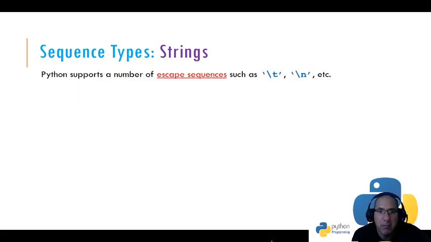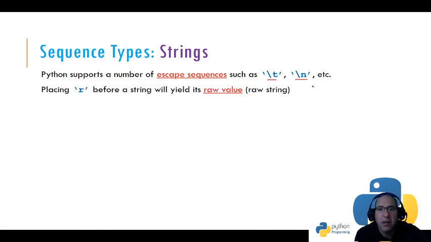Also, like most other programming languages, strings have escape sequences. So \t means tab, \n means a new line, \r means carriage return, and so on. But sometimes we need to disable the escape sequences.